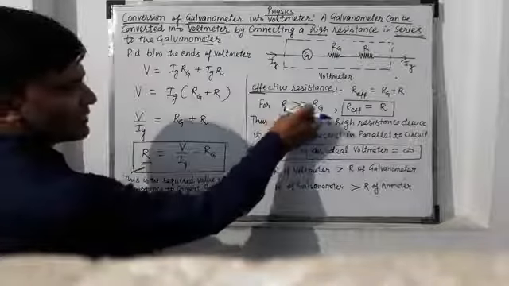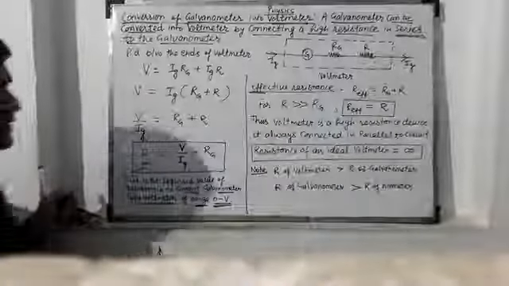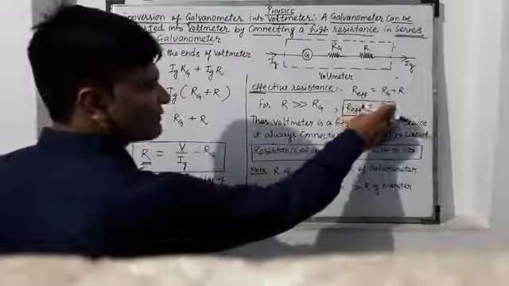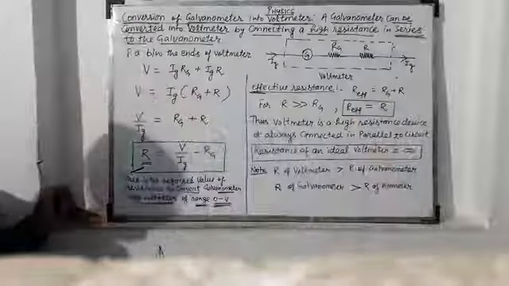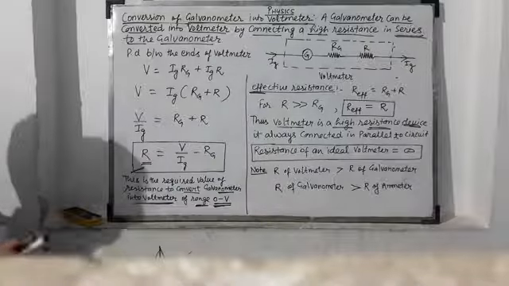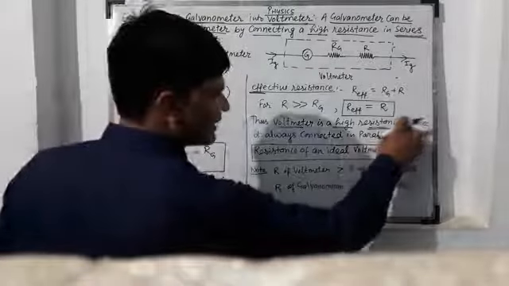So R is much larger than Rg, and we get R effective is equal to R. In this case, we neglect Rg. So R effective is equal to R and R is a high resistance. So the voltmeter is a high resistance device.